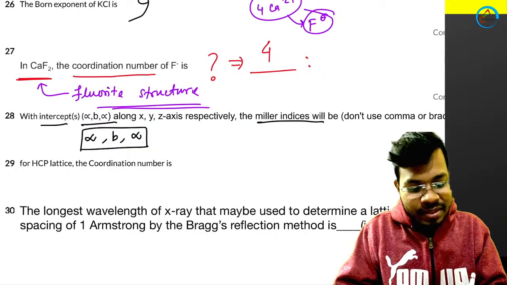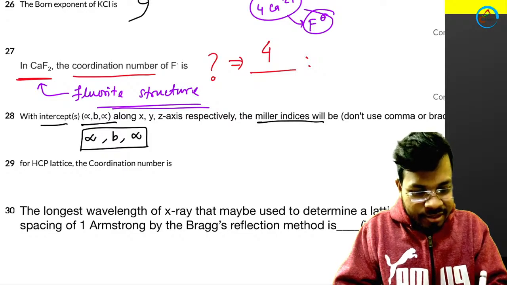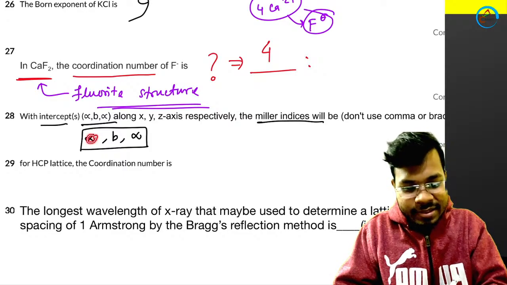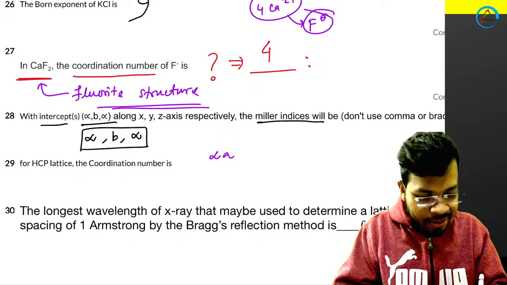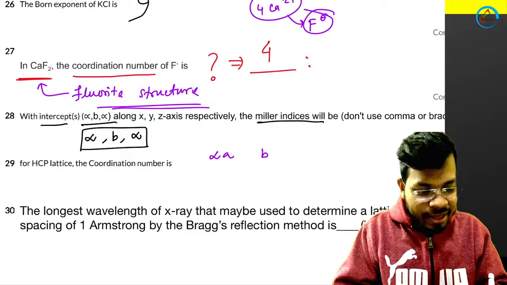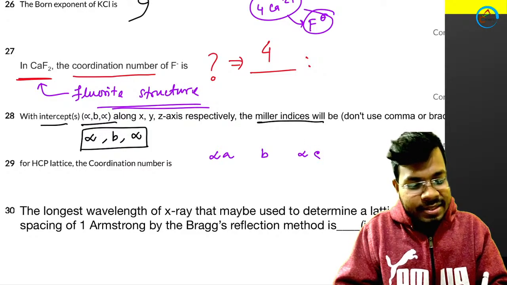It's quite simple. The intercept values are infinity times a, then b, then infinity times c.